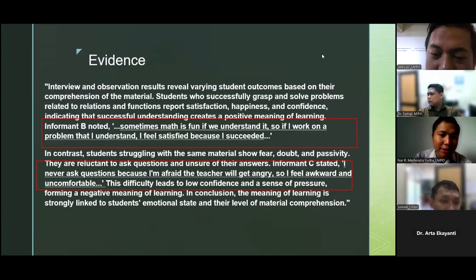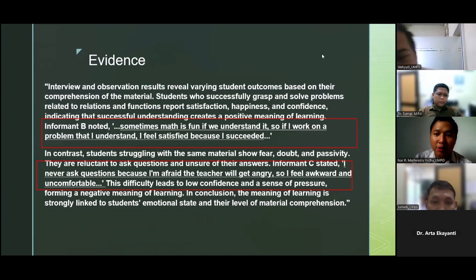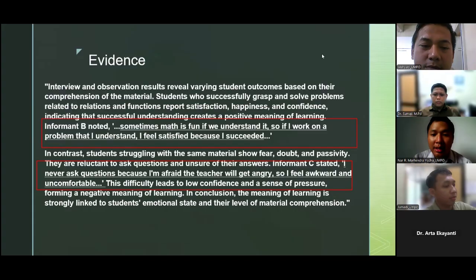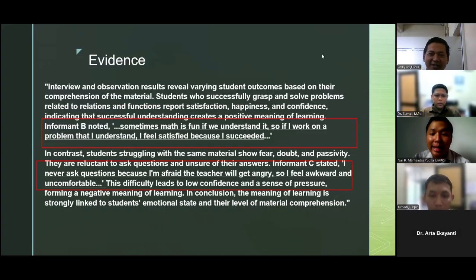In contrast, students struggling with the same material show fear, doubt, and passivity. They are reluctant to ask questions and unsure of their answers. Here's the data from Informant C: "I never ask questions because I'm afraid that the teacher will get angry, so I feel awkward and uncomfortable."